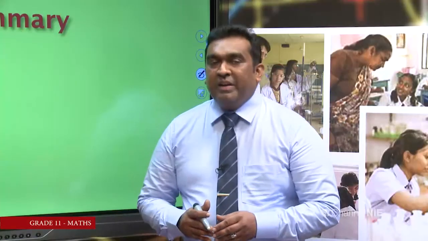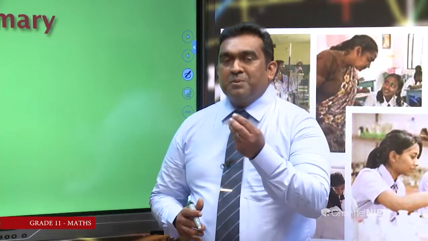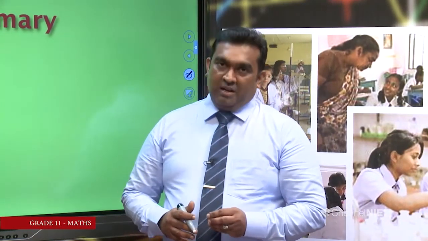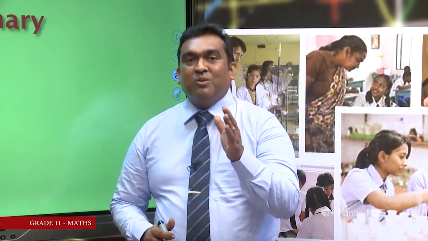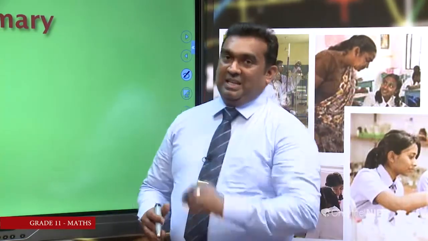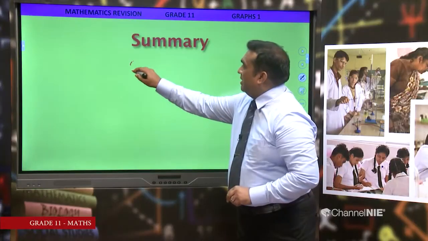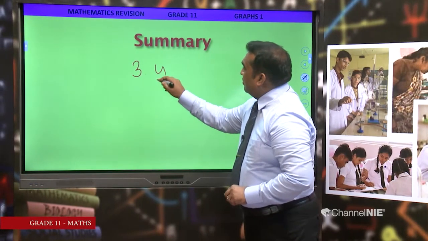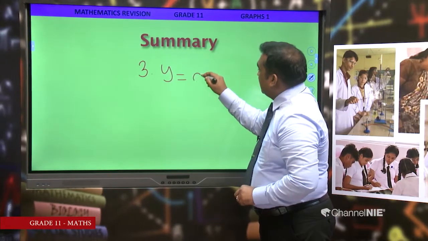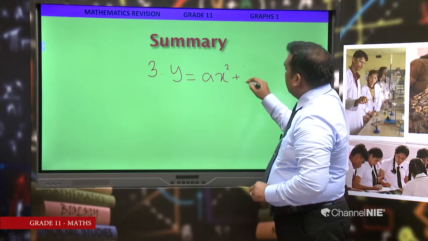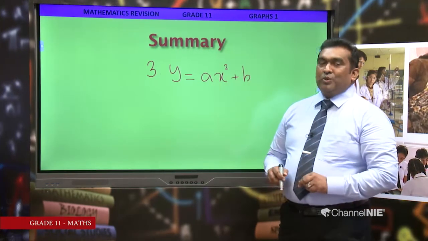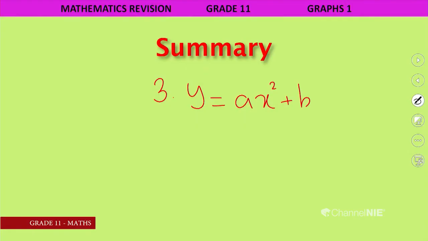Now we can pay our attention to the last part of the curved line graph. y equals ax squared, we discussed. Then y equals ax squared plus b. Our third one, y equals ax squared plus b. Here also there are two cases.